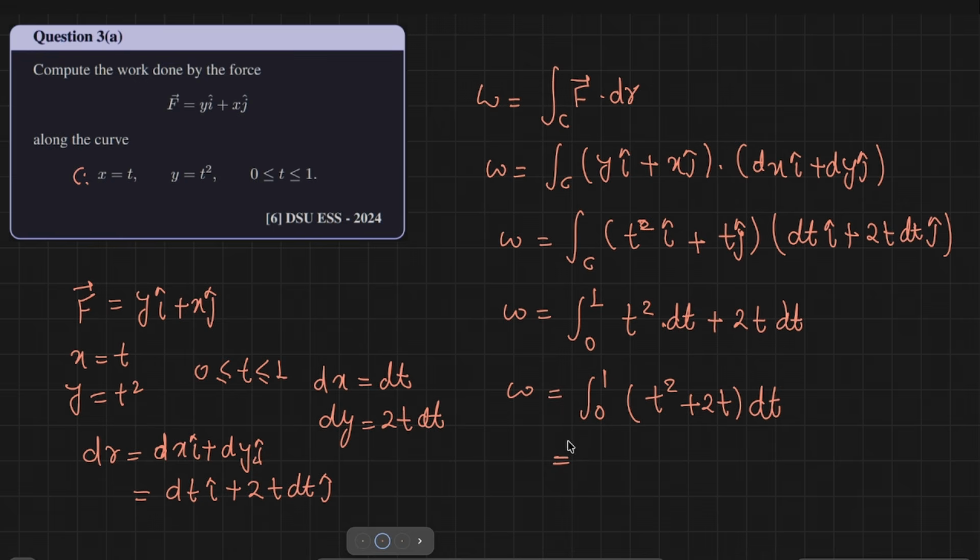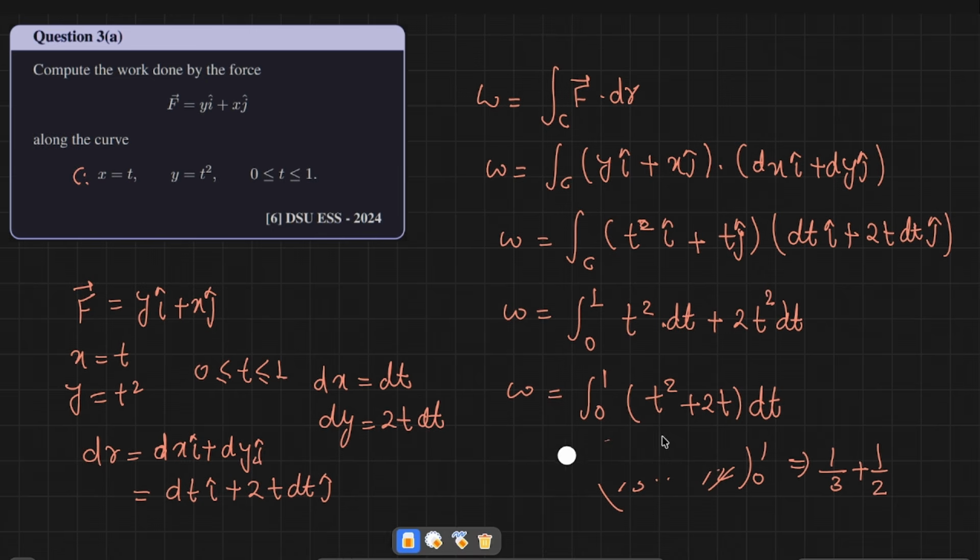So it's a single integral. So t cube by 3 plus 2t square by 2 going to be 0 to 1 is equals to 1 by 3 plus 1 by 2. From here, wait, I think, oh, t is here, so it is t square.